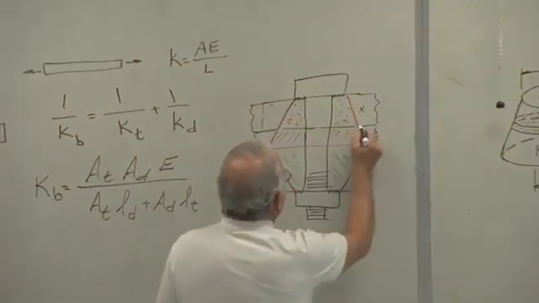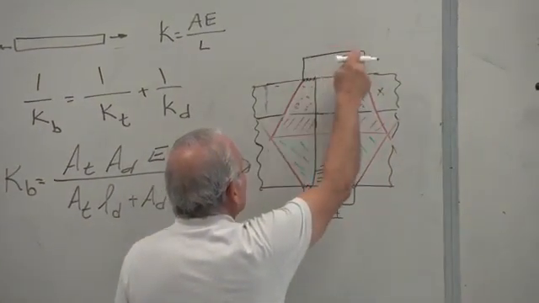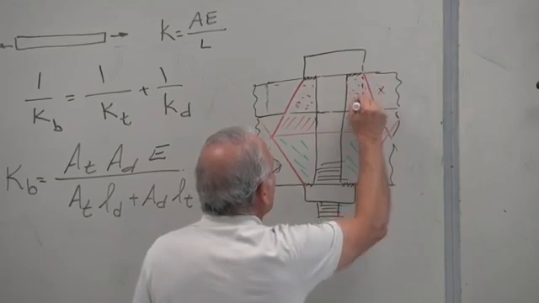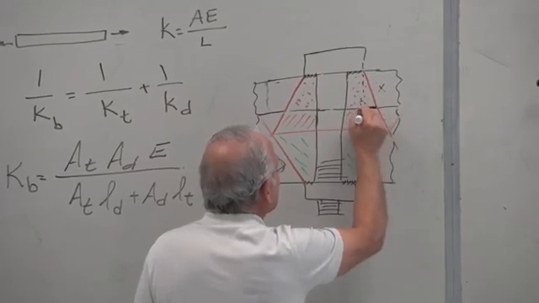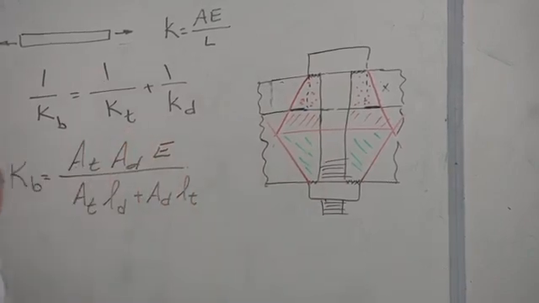It is this diameter I'm looking for. It is D, capital D, plus that distance, plus that distance.